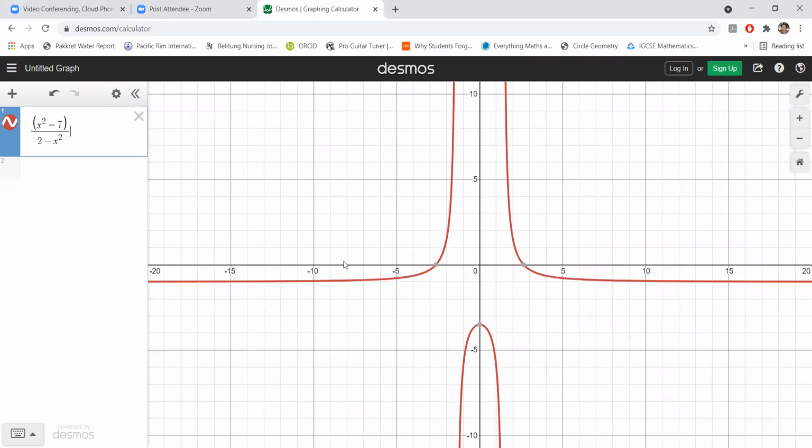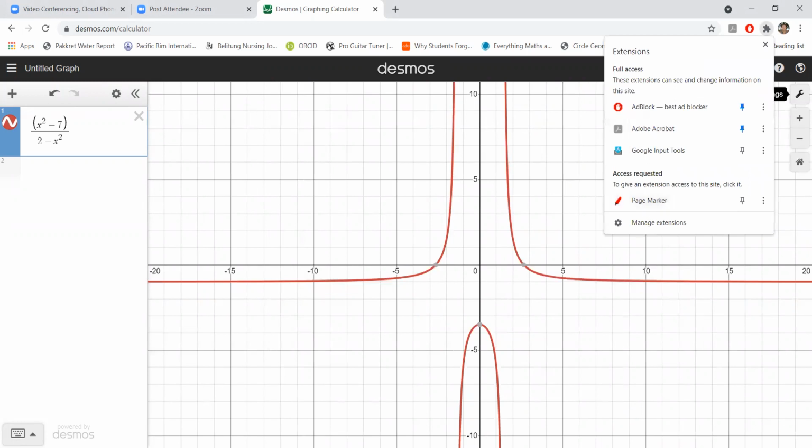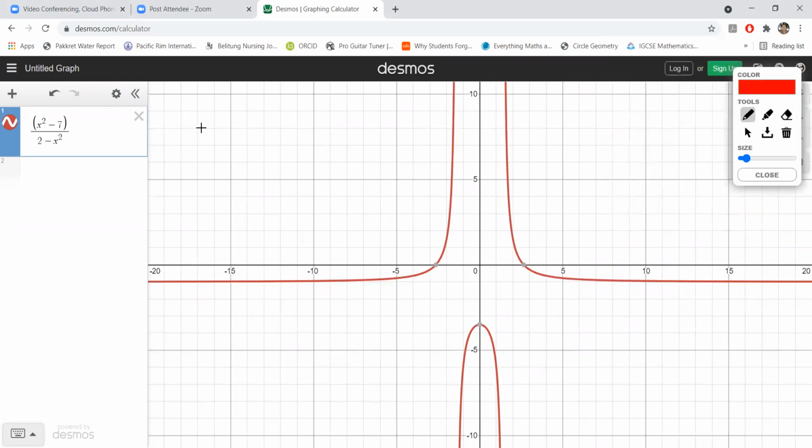It's kind of weird because when you've got a quadratic involved, you get some strange shaped graphs like this. And where is this graph less than or equal to 0? So remember, let's write on the picture. The question was x squared minus 7 on 2 minus x squared, less than or equal to 0.